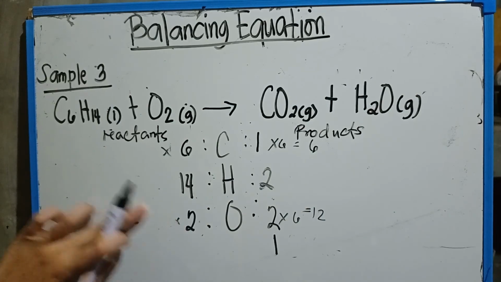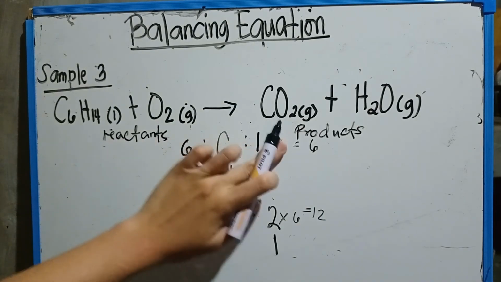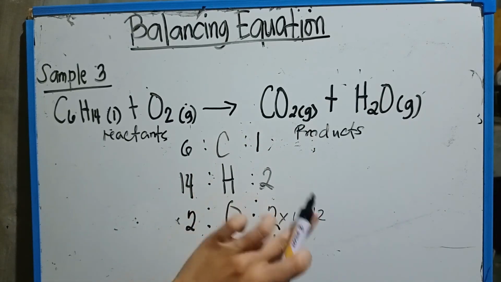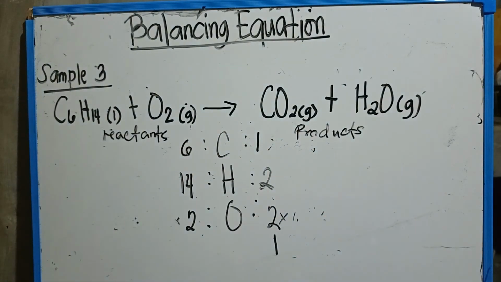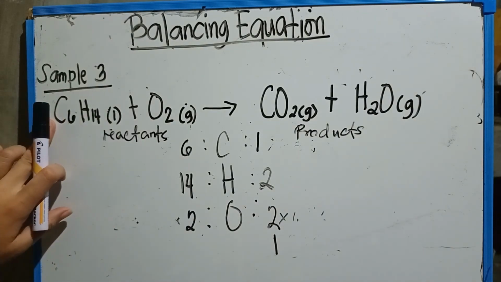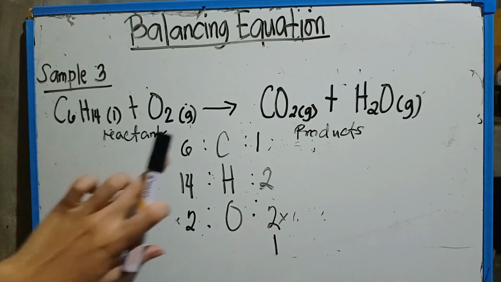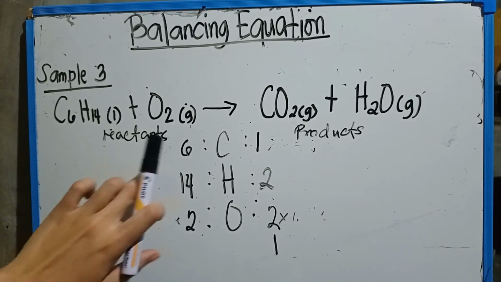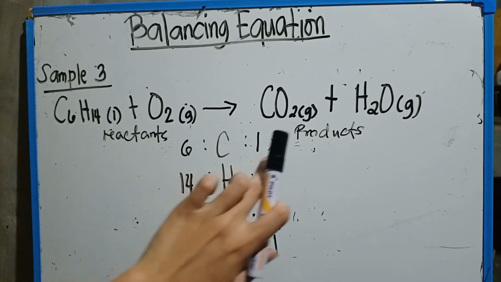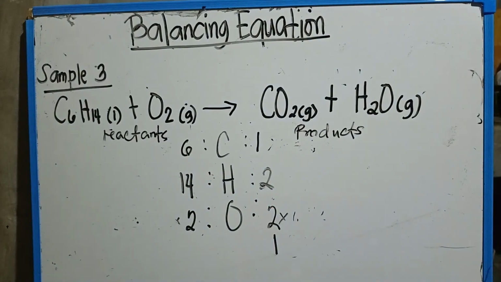If 3, it is not possible because 1 times 6. If 6, then 7. 7 is not possible. If 8, the oxygen and hydrogen are still affected. So, use 2 here. This 2 times 6 makes 12. So, our product is very far. So, what will we do to balance?